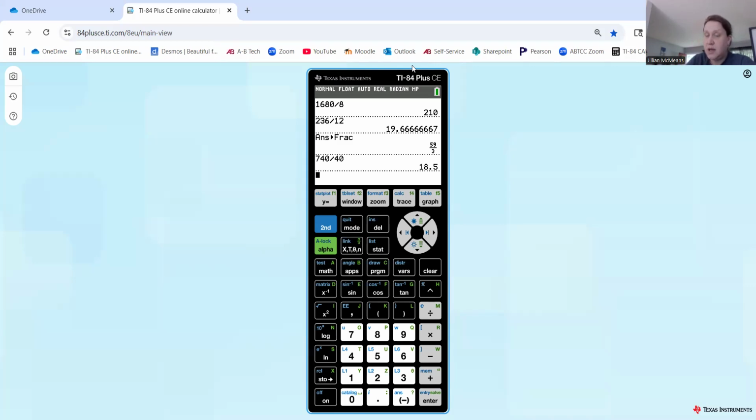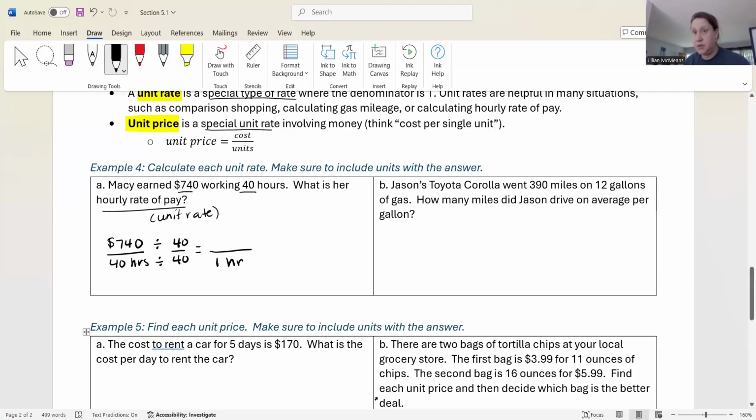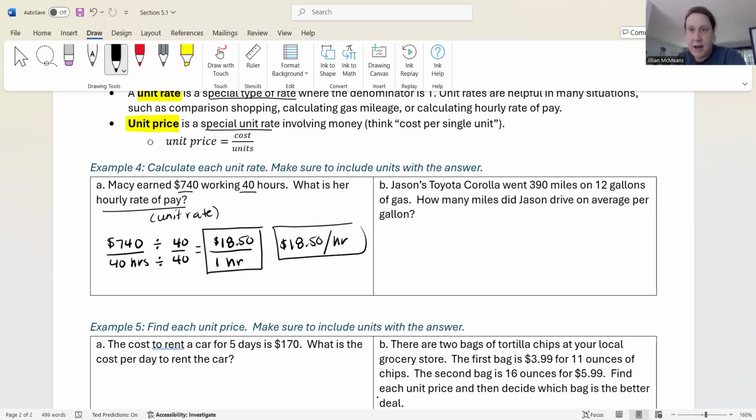So this is the one time it's totally fine to leave decimals in your answer. So we would say, well, if Macy earned $740 working 40 hours, she ended up earning $18.50 per single hour. You would sometimes also see this written as $18.50 per hour. They mean exactly the same thing. Okay, so we're comparing one unit to a single unit of the other quantity.